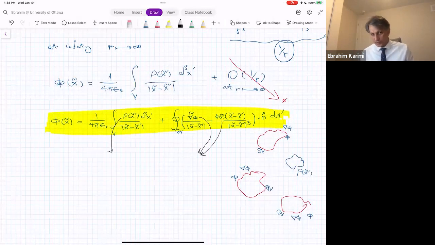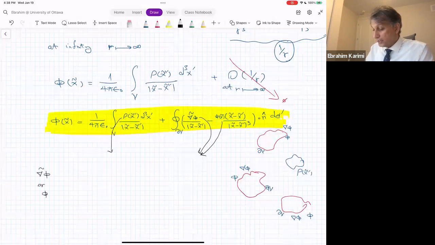From this equation, we get to the point that gradient of phi, or phi, or both of them are needed at the boundary.